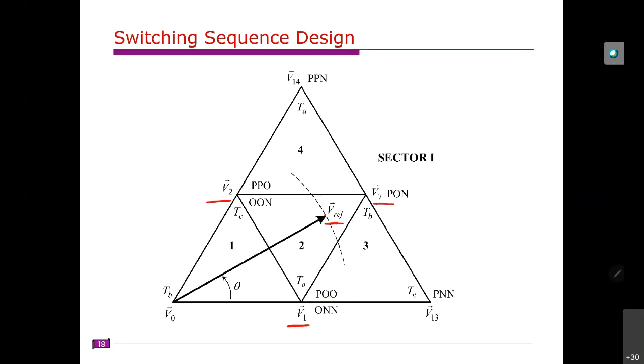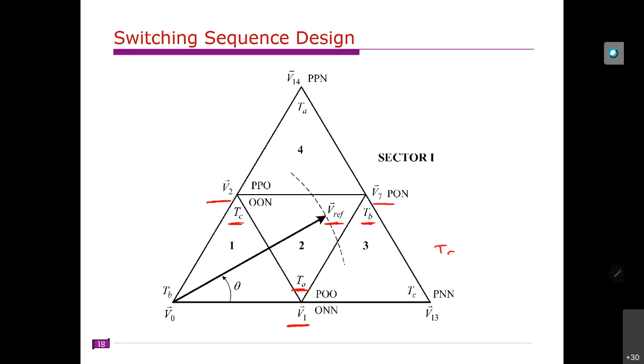As already discussed, we have two small vectors and one medium vector. Similar to the two level, we assume that V1's dwell time is Ta, V7's time is Tb and V2's time is Tc.